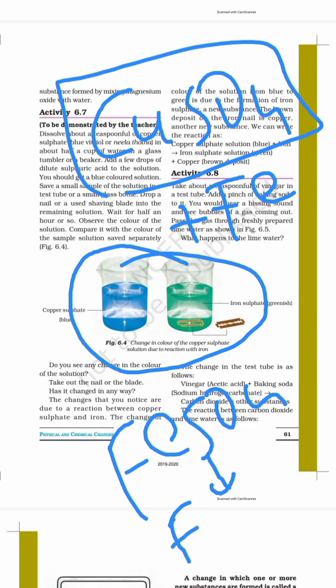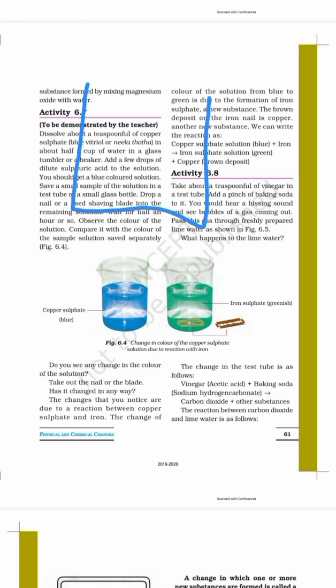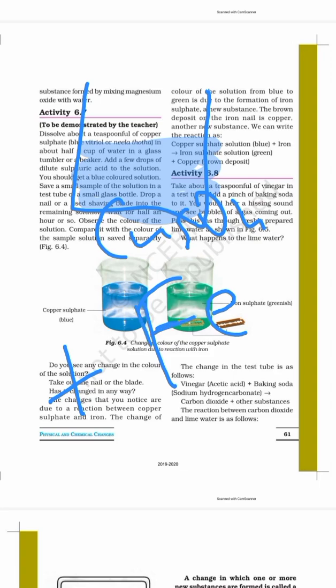Now see, first of all, I'll do one experiment with you. I'm having one beaker with a blue colored solution. It is copper sulfate, CuSO4. I am having one iron blade. When I put the iron blade in that copper sulfate, what will happen? Copper from copper sulfate will go and it will be replaced by iron, Fe.